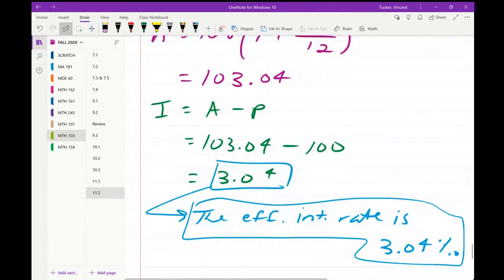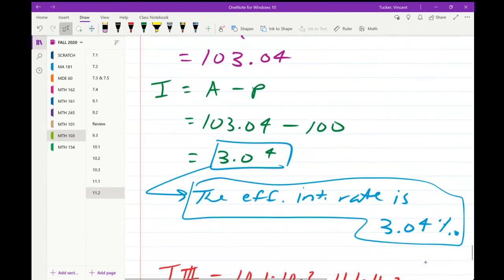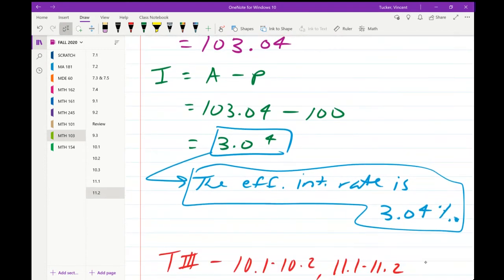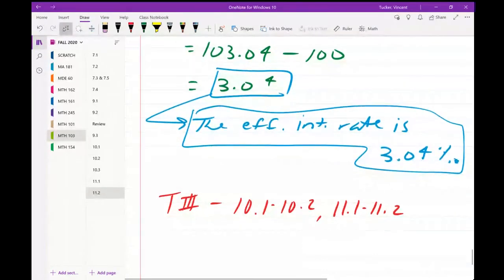Questions, concerns, comments before we do anything else? All right. So that is it for test three's content.